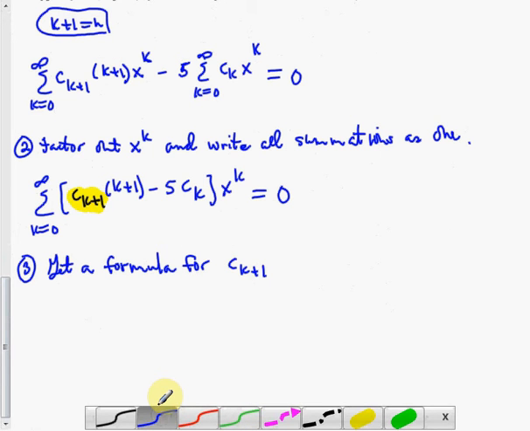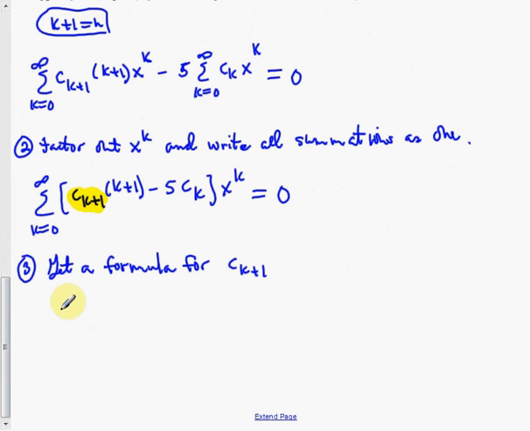All right. So here's what we have. So I have c sub k plus 1 times k plus 1 minus 5 times c sub k is equal to 0. It's what's inside the brackets that will determine the summation to be 0.